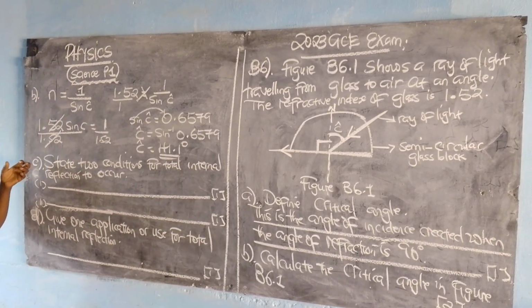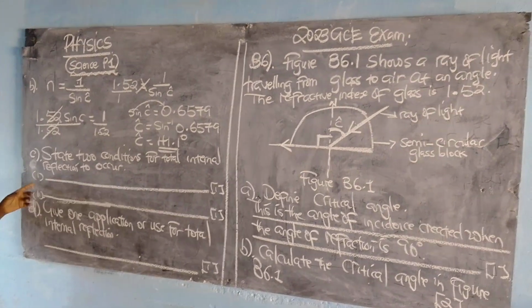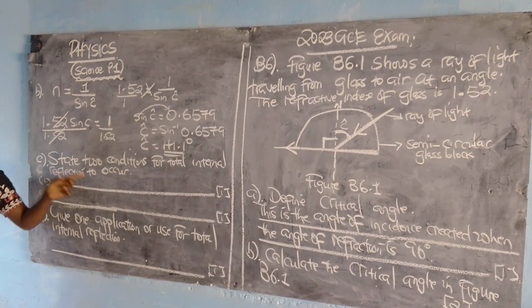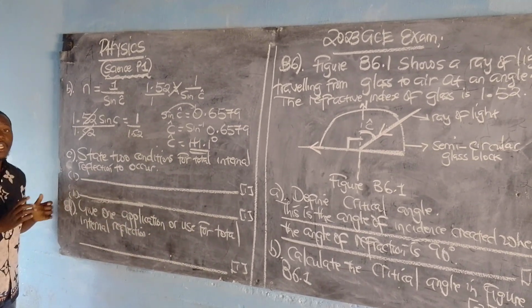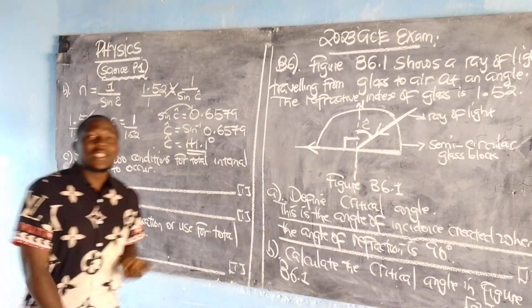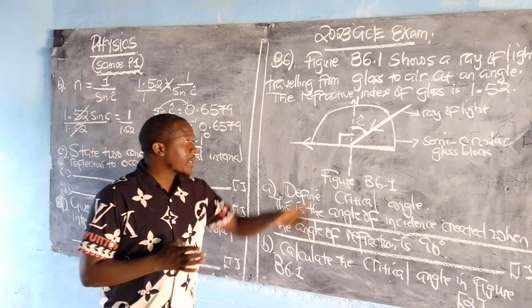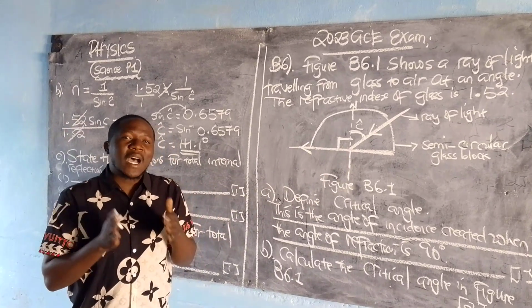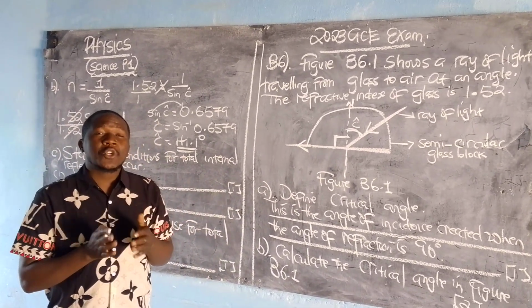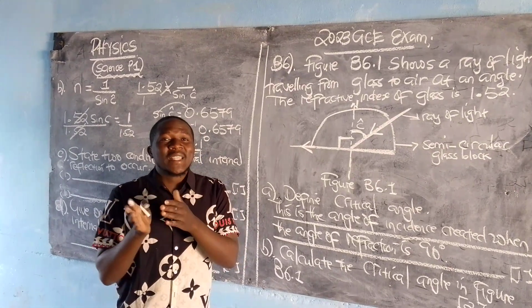Then for C, state two conditions for total internal reflection to occur. The first one is that the angle of refraction should be 90 degrees as visibly observed from the diagram. Then thereafter, the ray of light should be traveling from a denser medium into a less dense medium.